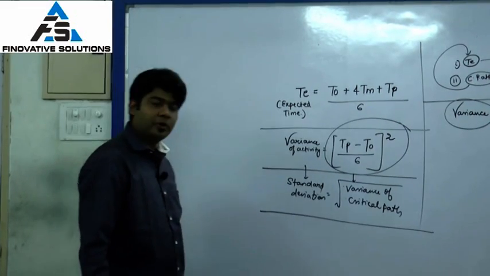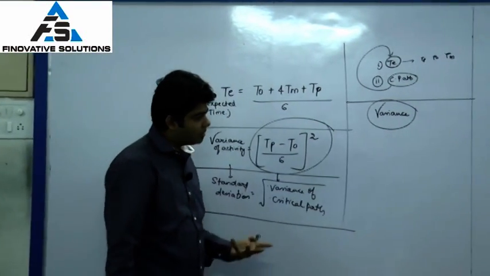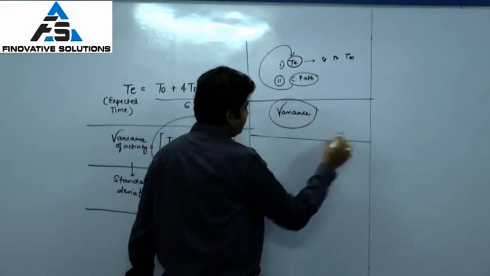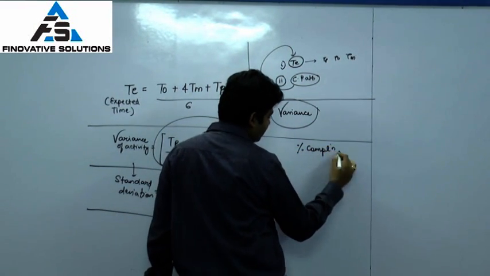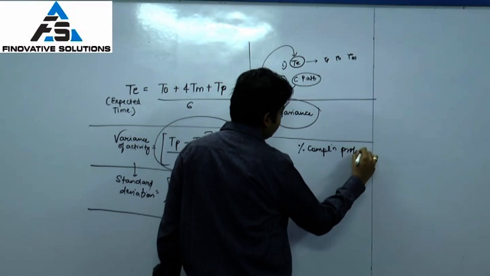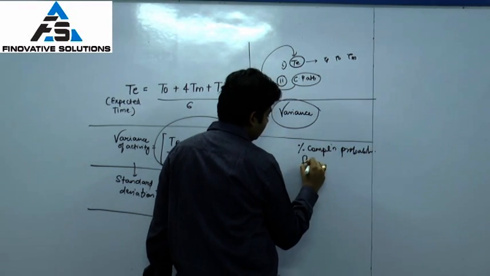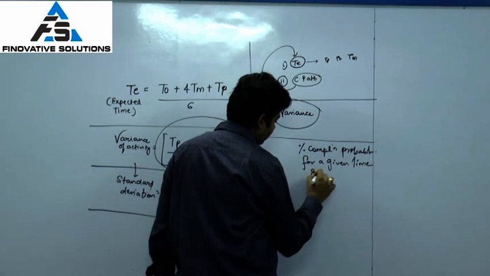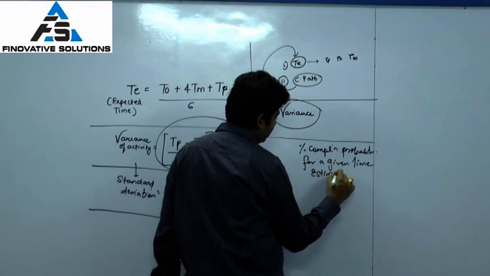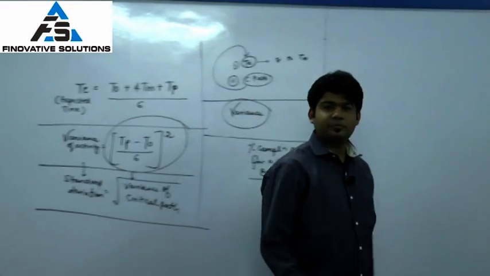Now how does the PERT methodology help? PERT helps to calculate the percentage completion probability for a given time estimate. We all know that PERT is probabilistic.